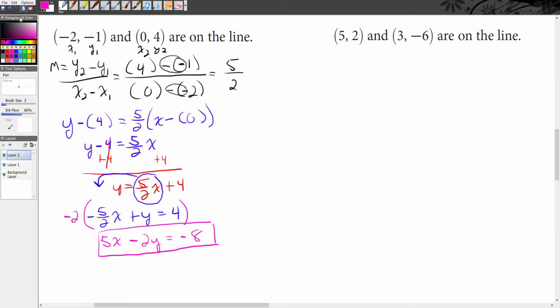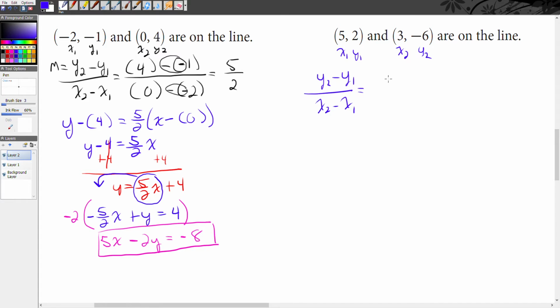All right, next example. Rolling on. So I'm going to jump right into it. x1, y1, x2, y2. First, we're going to do our slope formula. y2 minus y1 over x2 minus x1.